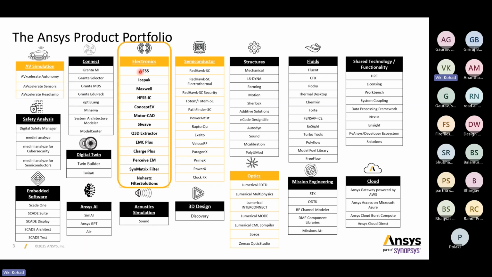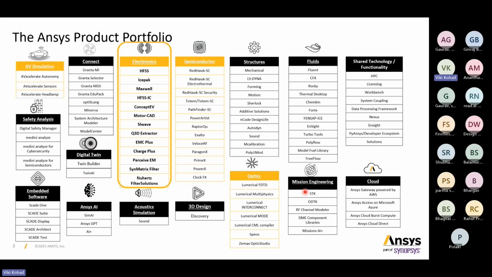High frequency is for RF, like antenna design, 5G analysis, and PCB, and for the low frequency domain the Maxwell tool and the Motor-CAD tool are there. Next are semiconductors, structural physics, and fluids, which are multiple technologies. Next the cloud and mission engineering are there.